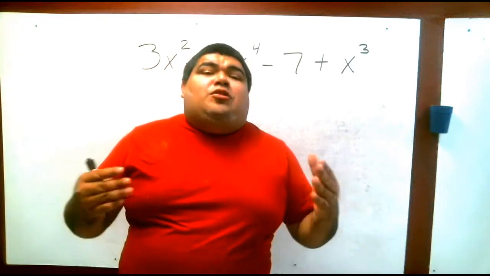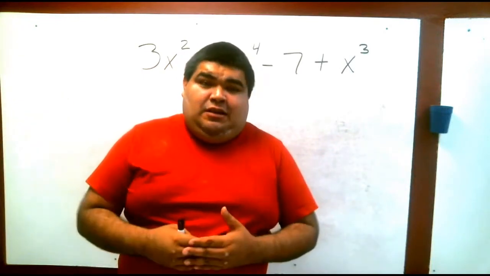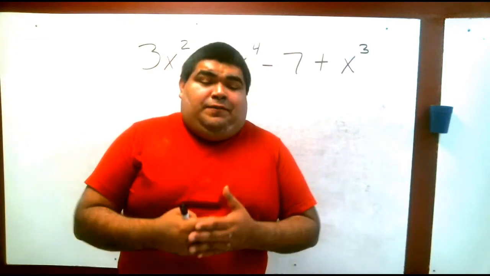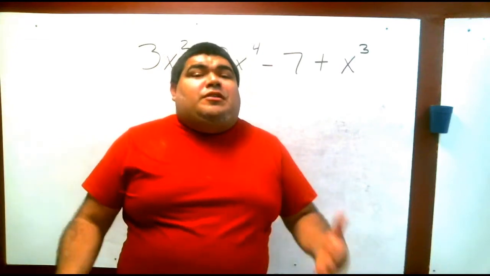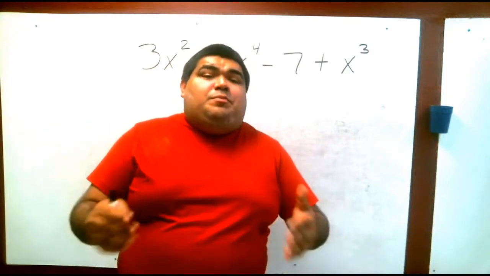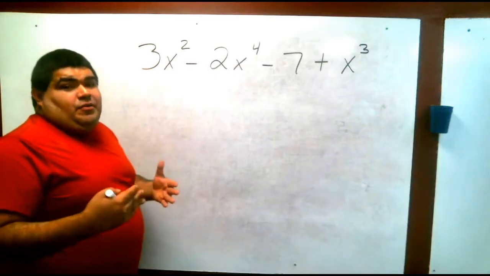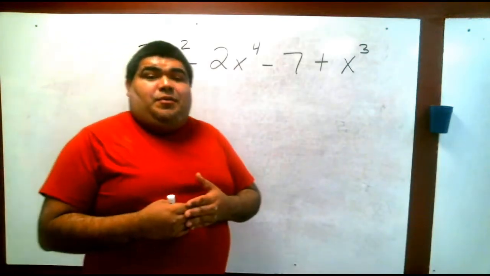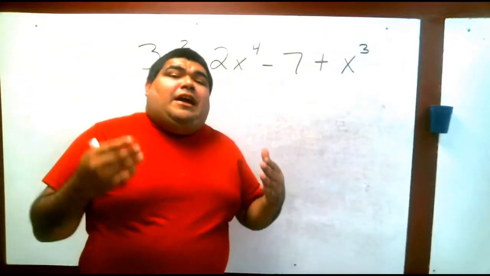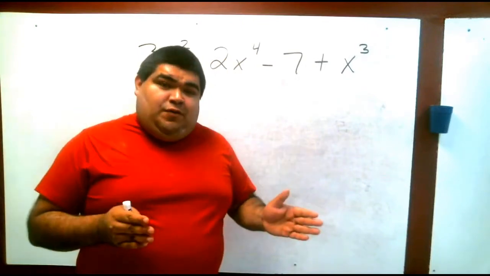When you're looking for a leading coefficient, if you still don't know, because you probably learned it in Algebra 1, you haven't really covered it here, but a leading coefficient is the number on the variable that has the highest exponent. The reason is that one goes in the front.